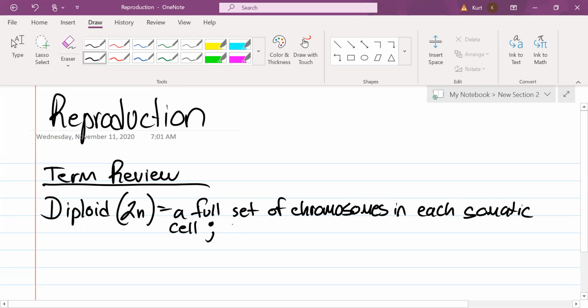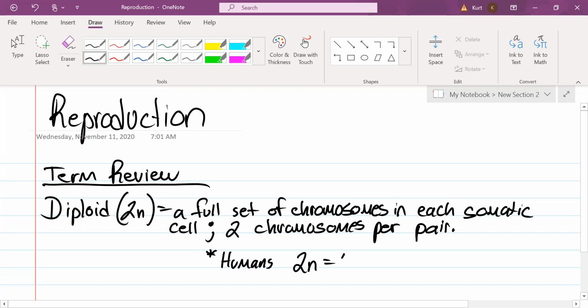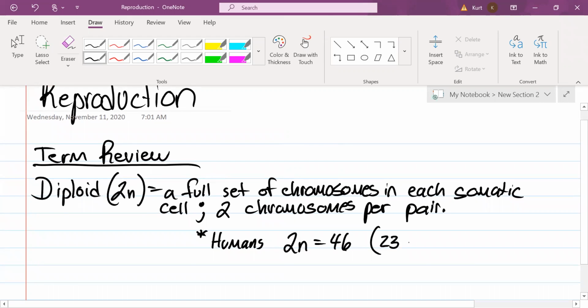Another way of saying this is you have 2 chromosomes per pair. And a number that you all must remember for humans, 2N equals 46. You must remember that. That means that we have 23 pairs.